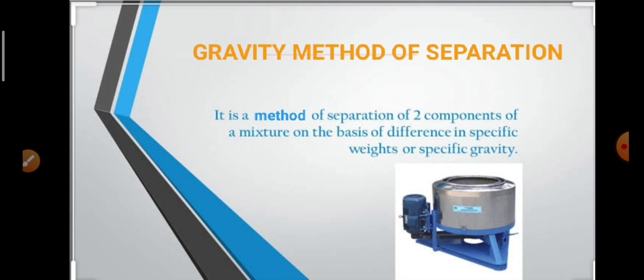It is a method of separation of two components of a mixture on the basis of difference in specific weights or specific gravity. Children, in this method basically there are two solid components, out of which one is heavier than water and another is lighter than water.